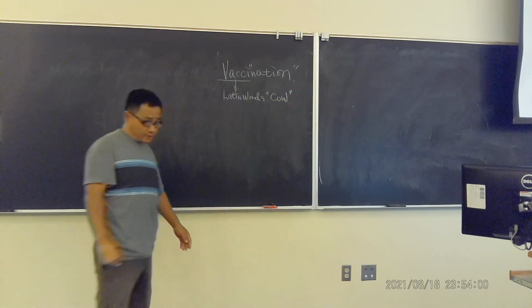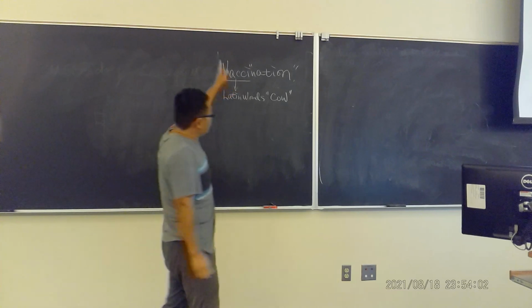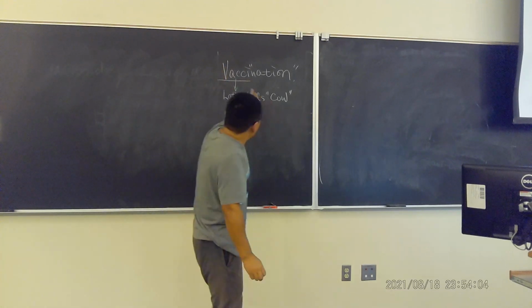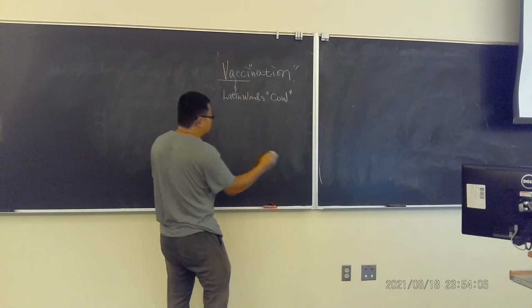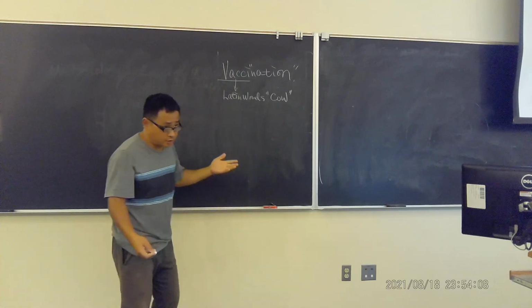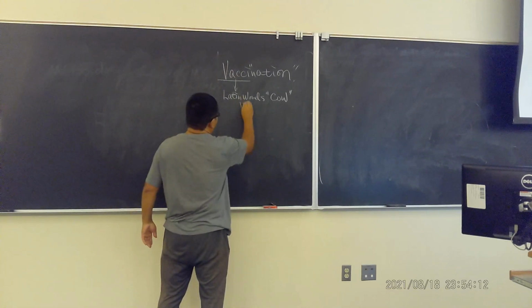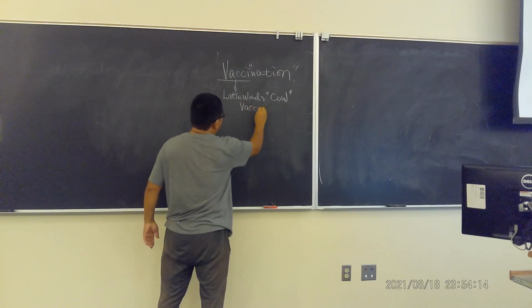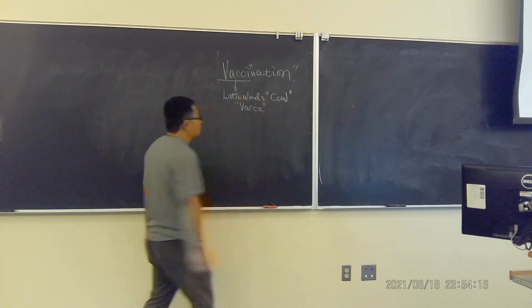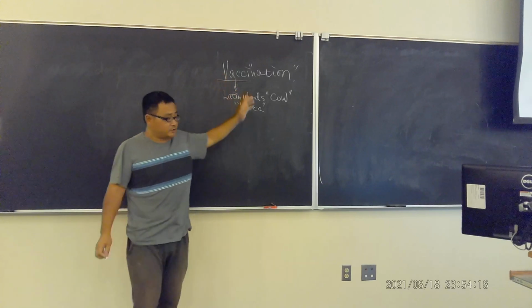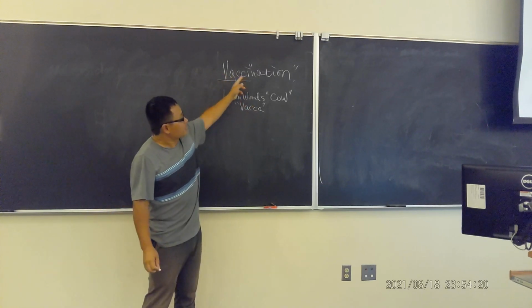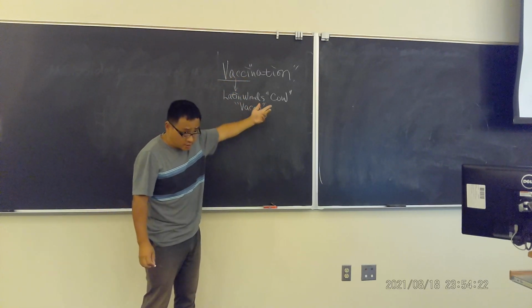There's a story behind that. VACCI means cow. No, there's a little bit of difference. Maybe I don't know Spanish. I only know Chinese and English and one dialect in my hometown. Some of them say it's VACCA. If you know Spanish, I don't know. Some of you come from Mexico, maybe you know it. That's what it means, a cow.